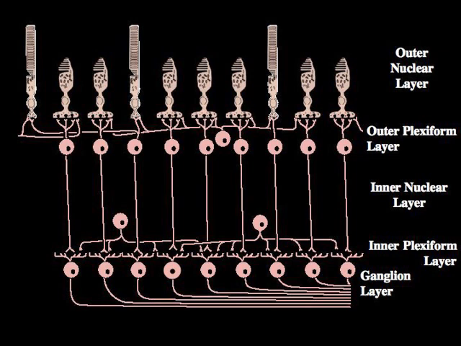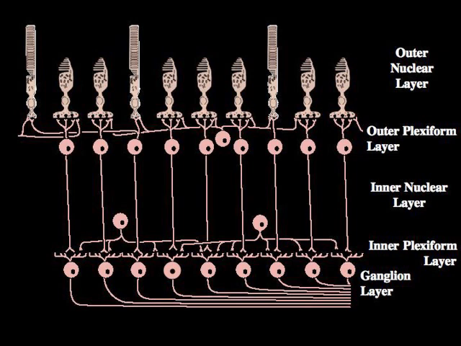It changes its membrane potential. And in fact, in the eye, the first cells in the visual pathway that generate action potentials are the cells in the ganglion layer that go on to form the axons of the optic nerve.